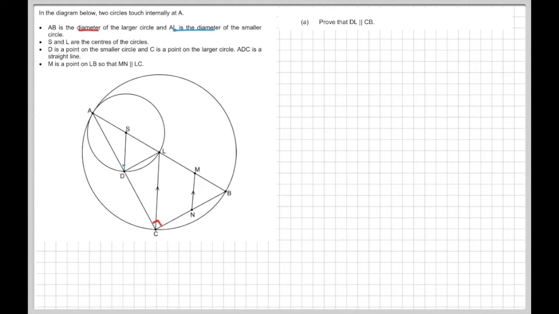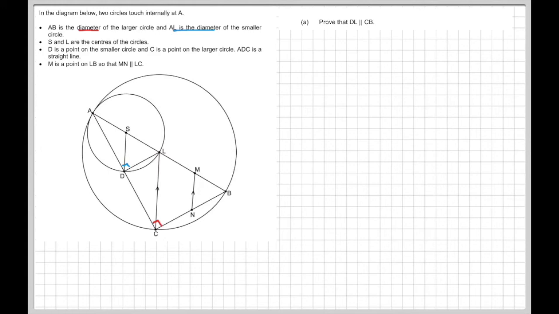Next up, because AL is the diameter of the smaller circle, I've got 90 degrees there. Now that for me I kind of like, because I'm already seeing some connection between those two angles. I hope that you are seeing it as well. Because if you look at question A, we're needing parallel lines, but let me not jump the gun too quickly. Let's go through the rest of the info first.